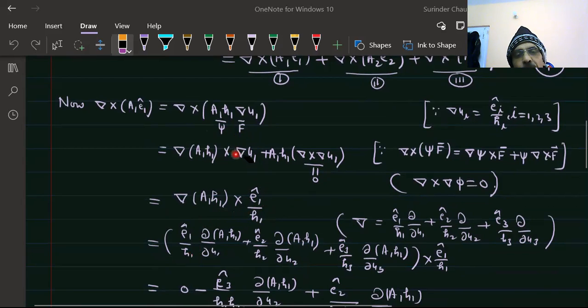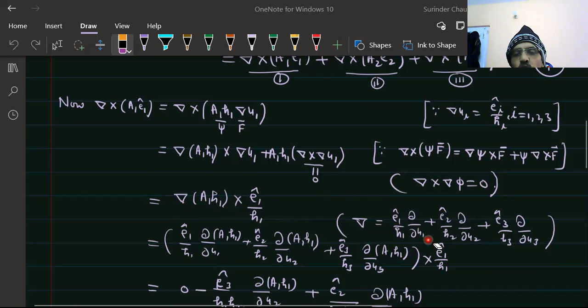Now substitute the value back: del u1 is equal to e1 upon h1.